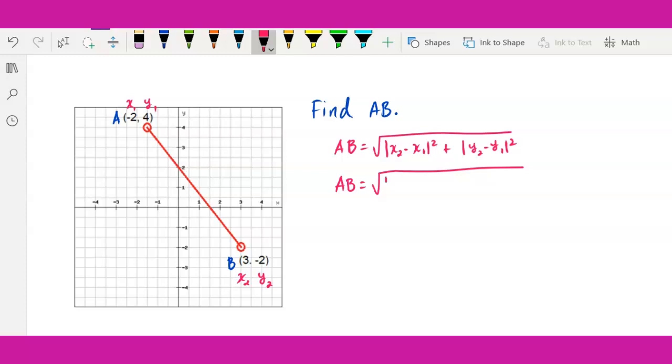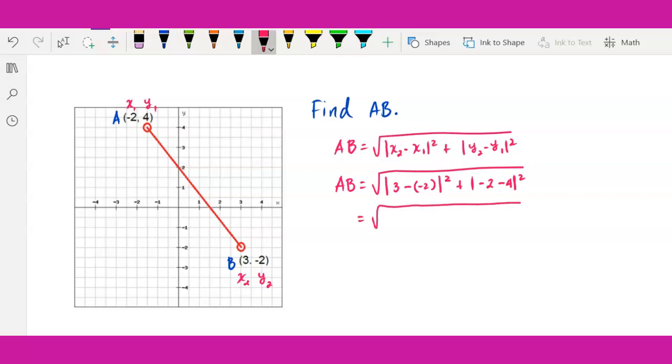It's going to be the absolute value of 3 minus negative 2, as x2 is 3, squared, plus the absolute value of y2, which is negative 2, minus 4, squared.